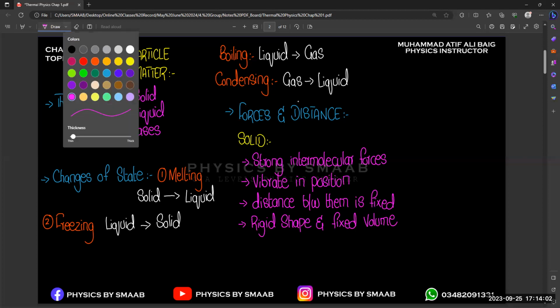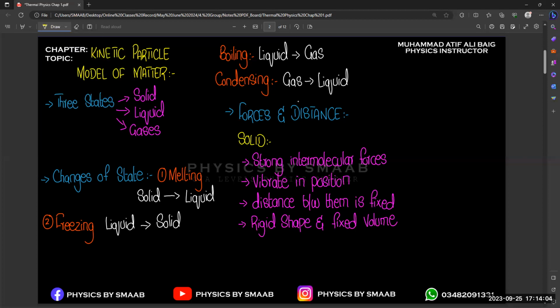And the second state of matter, if you consider the liquid, what about the intermolecular forces?